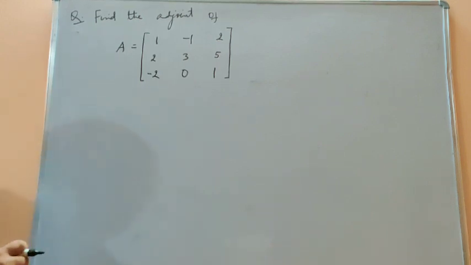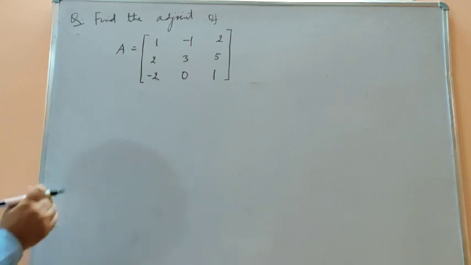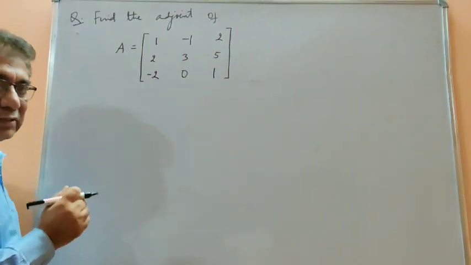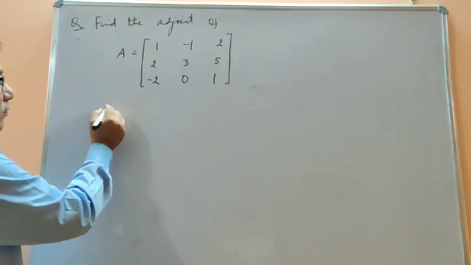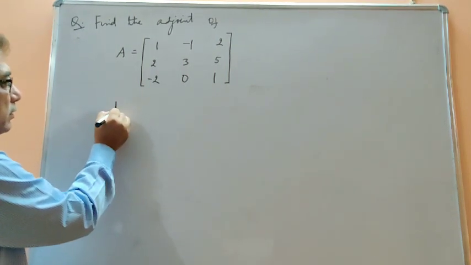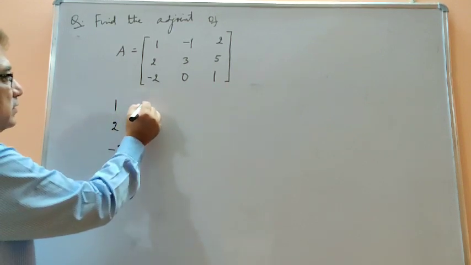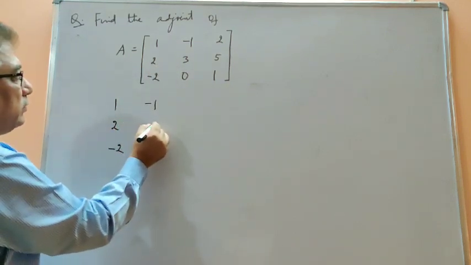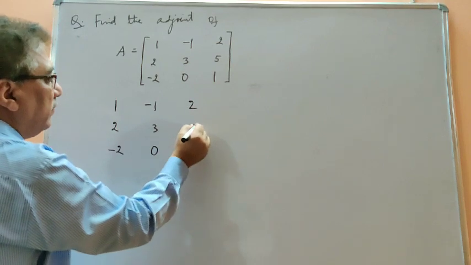Now take one question of order 3, where we have to find the adjoint of this matrix by the shortcut method. I am just explaining and you can note it down. First you write the given matrix as it is given in the question: 1 2 -2, -1 3 0 and then 2 5 1.